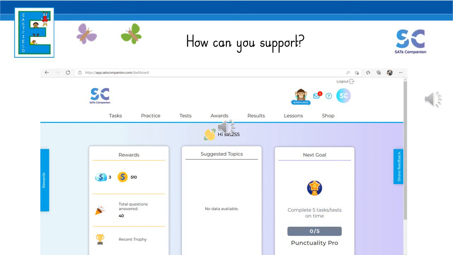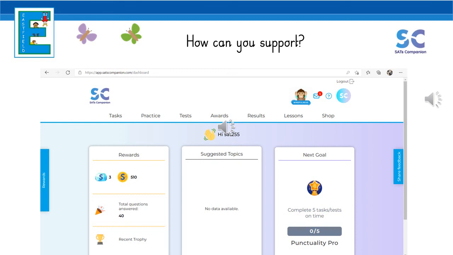Now, SATS Companion is new. Hopefully you will have seen the information that came out to you as parents and carers all about SATS Companion.